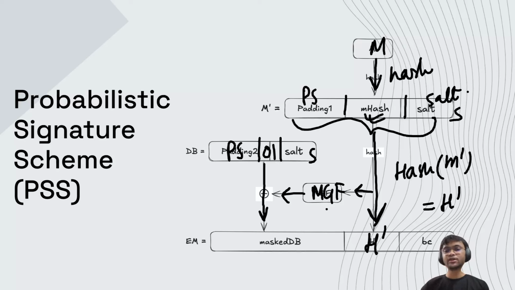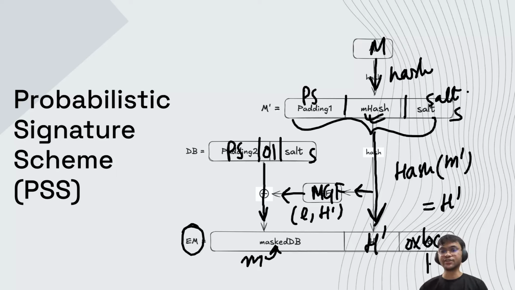So it's saying, create me a mask of length L from the given input H dash. This is the masked DB here. We may also have the ending byte in hex 0xBC that denotes that the encoded message EM has reached its end. This is by construct.